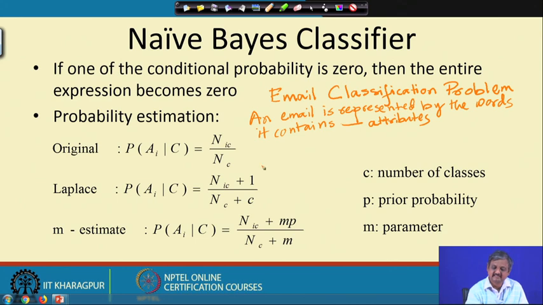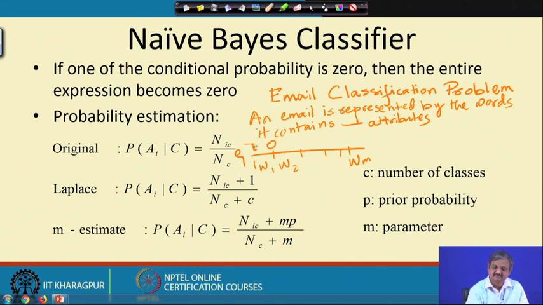Okay. So, basically I will take all the words W1 to Wm that English has, and an email, let me call it E1, is represented as follows: whether this word is present, I write 1, otherwise 0.